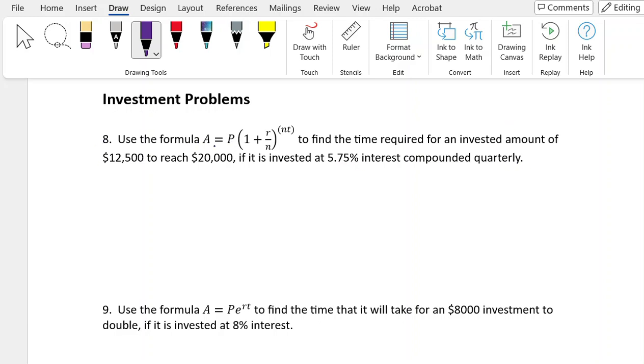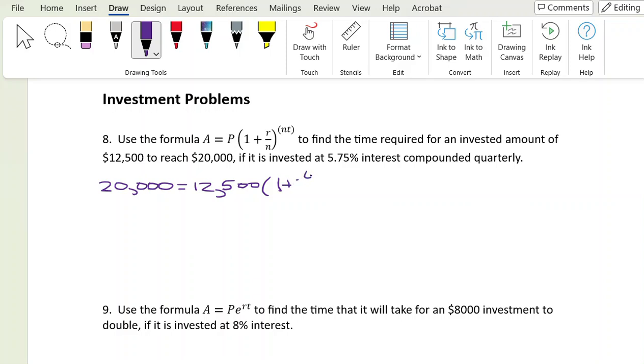So, first we're going to plug into the formula. Our amount that we want to get to is $20,000, so that's going to be plugged into A. And P is the principal amount, which is $12,500. Our interest rate is 5.75%.